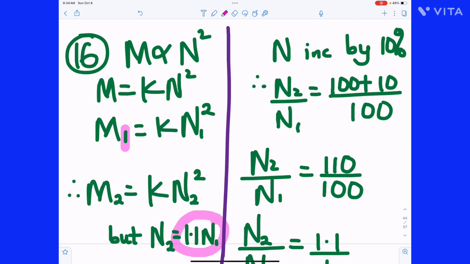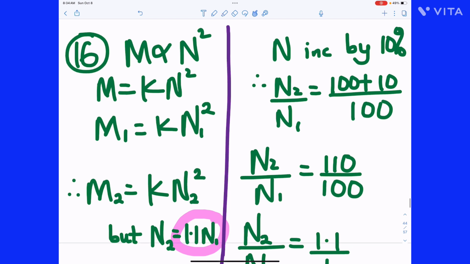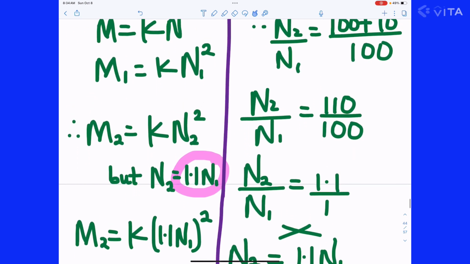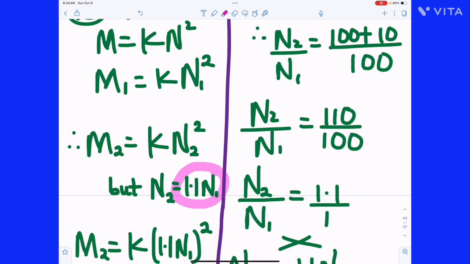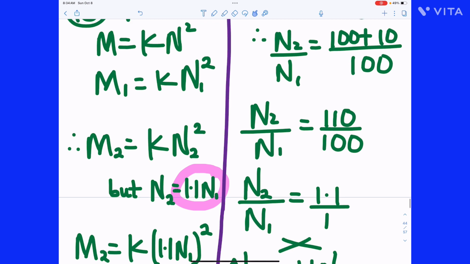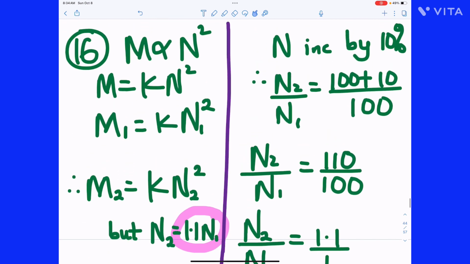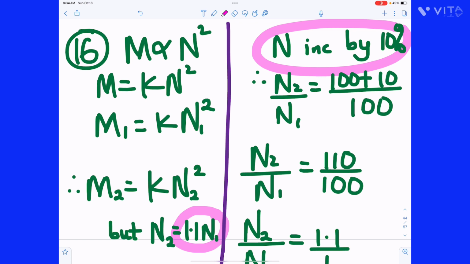In that case, n will have changed from n1 to what? n2, increasing by 10%. So we go straight and say m2 is equal to k times n2 squared. Now, what is the relationship between n2 and n1? You can see n increases by 10%.